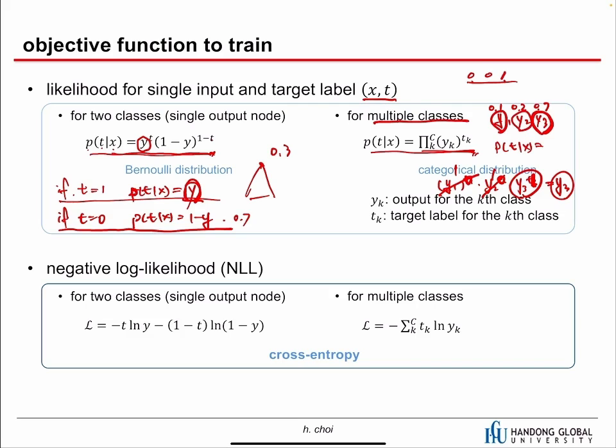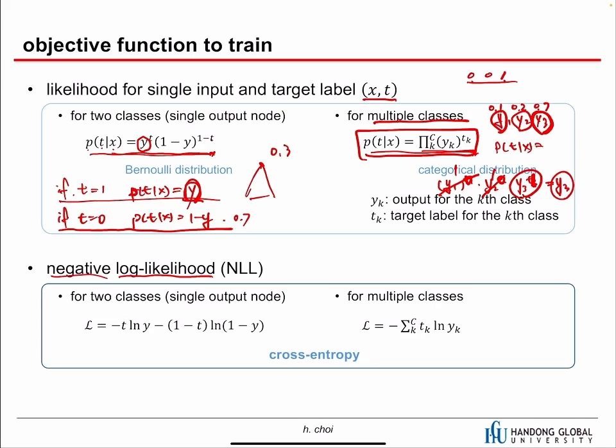Okay, so this one is our likelihood, and we have to maximize this likelihood, but the likelihood is complicated, so we will take a log. So we can come up with the log likelihood, and then we want minimization problem. So we take a negative. So that's why we have negative log likelihood.